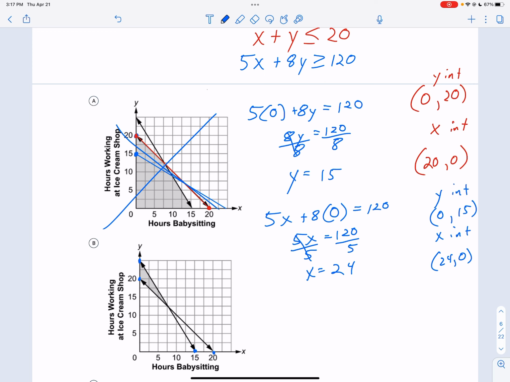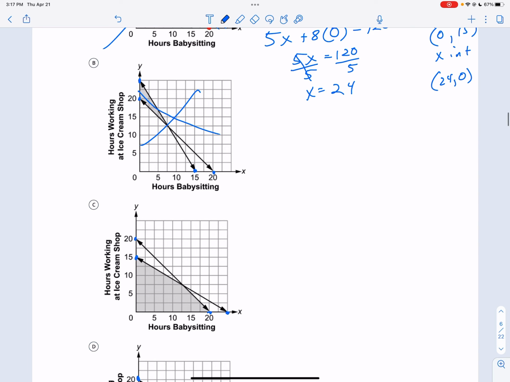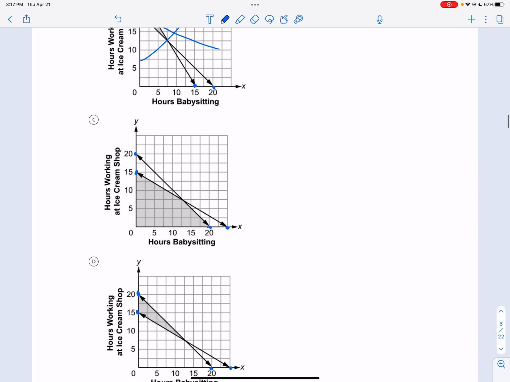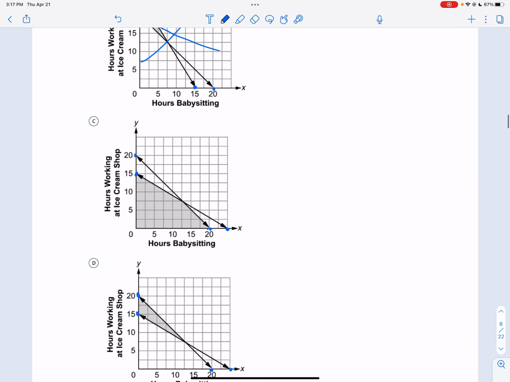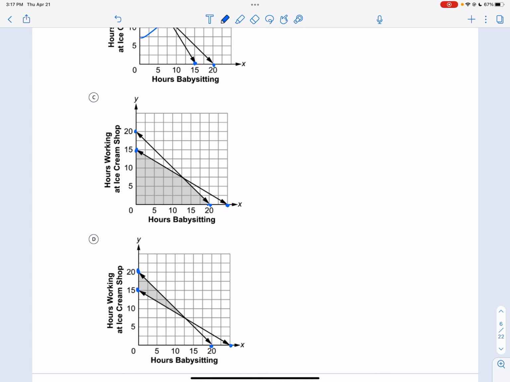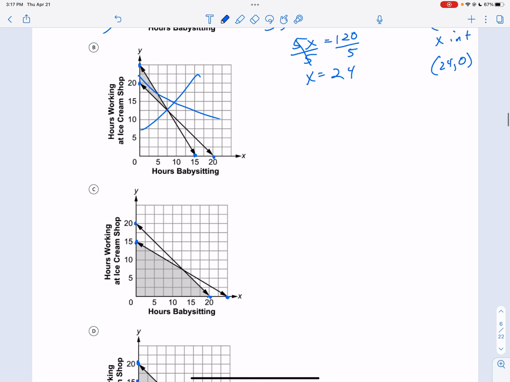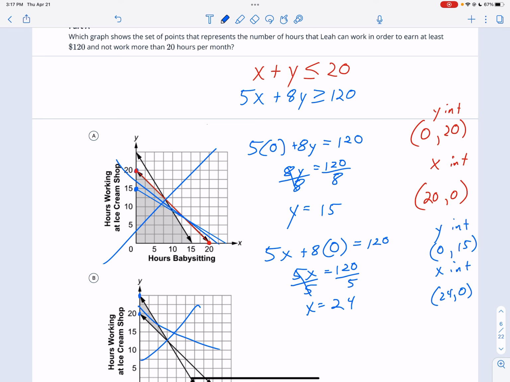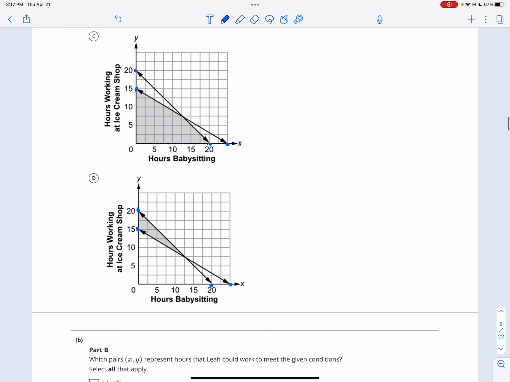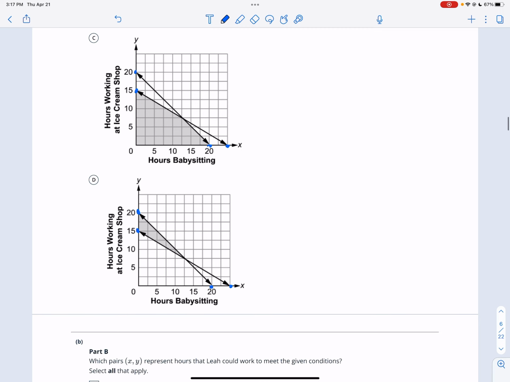But that's a way to discount that graph, and you've already pared your solutions down to only two possible ones. And if you look at both of these, they have the same x and y intercepts, so you don't even need that much. Honestly, if you just find a point that doesn't exist on it, then you can already discount that. Now, for these things, we need to figure out which way we shade.